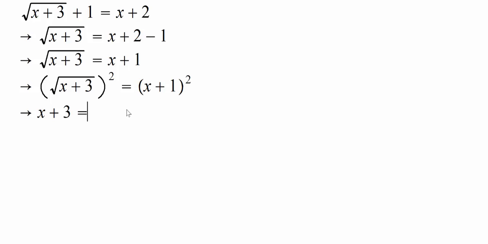So x plus 1 squared when FOILed would be x squared plus 2x plus 1.